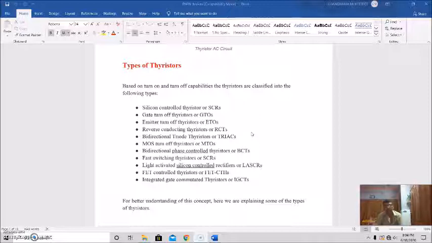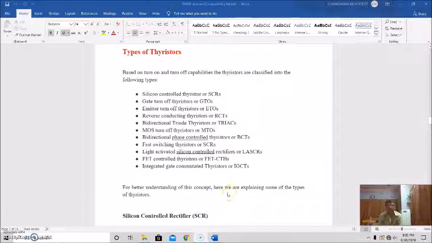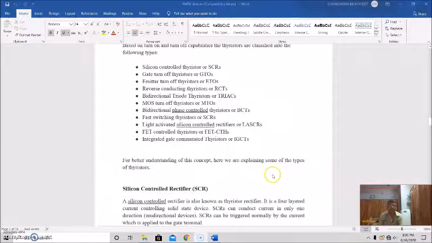Another one is reverse conducting thyristors or RCTs, bidirectional triode thyristors or TRIACs, MOS turn off thyristors or MTOs, bidirectional phase control thyristors or BCTs, fast switching thyristors or SCRs, light activated silicon controlled rectifiers or LASCRs, FET controlled thyristors or FET-CTHs, integrated gate commutated thyristors, IGCTs, etc.